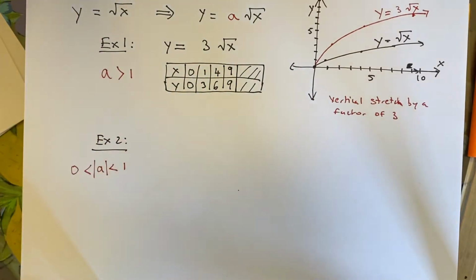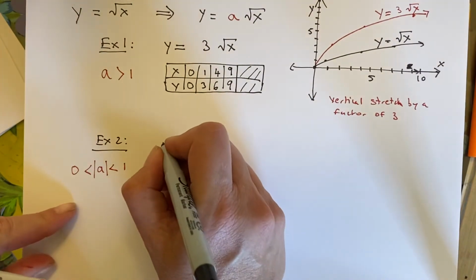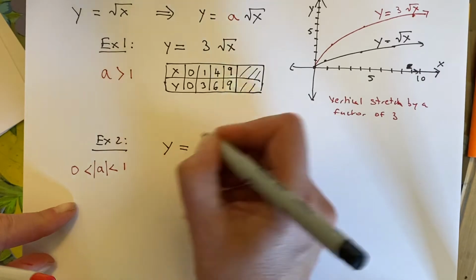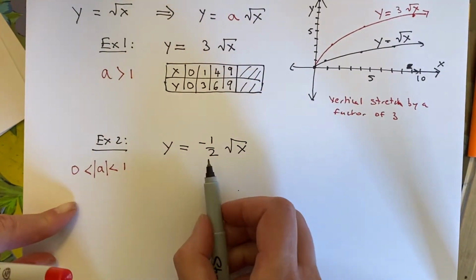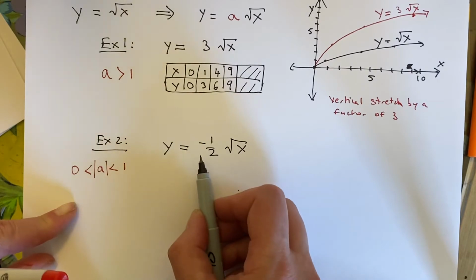So I'm going to call that the absolute value. In other words, what if we have a fraction that could be negative? And for my equation, I'm going to try out y equals negative 1/2 square root of x. So we've both taken a fraction for a and we've made it negative to see what happens.